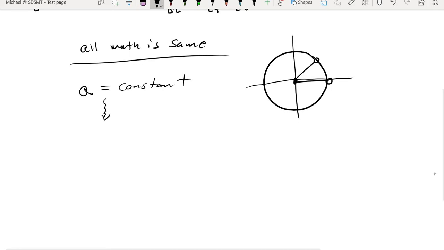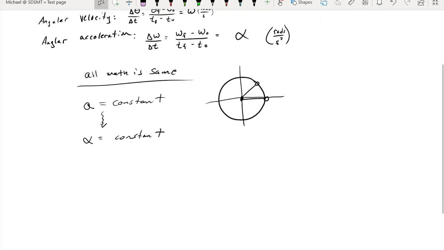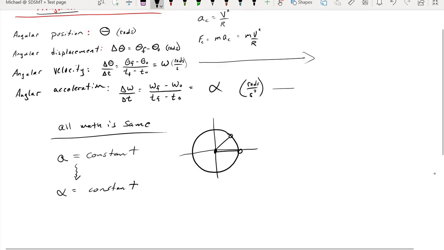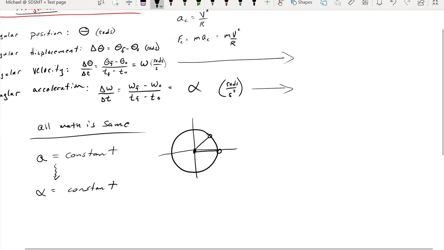Okay, well, what if we used that same condition, but we said that it's the angular acceleration that has to be constant? In that case, for our angular velocity and our angular acceleration, we can have two possible expressions for each of them.